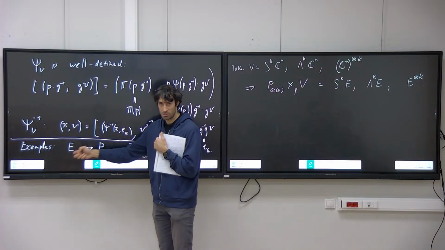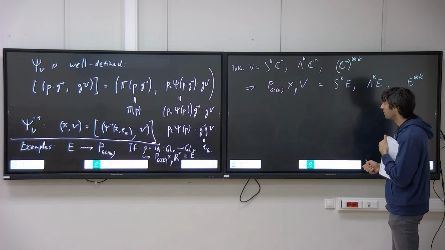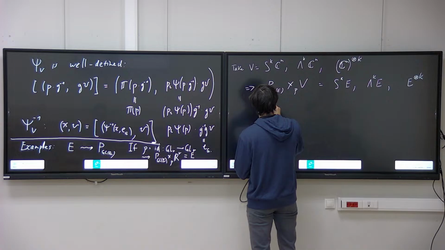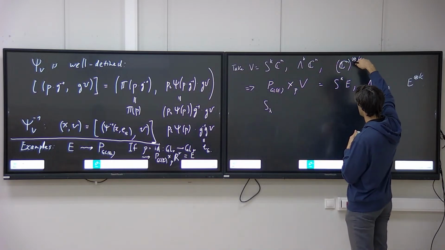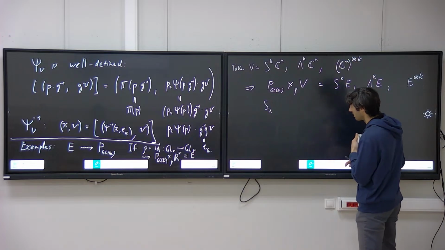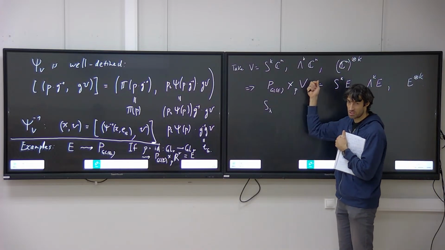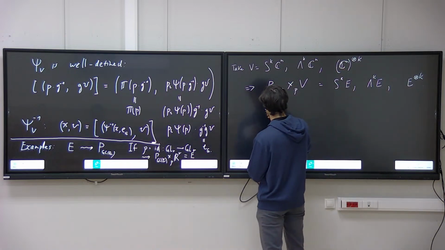So this construction is more universal than the vector bundle that we started with. If you know a little bit of representation theory of GL_n, inside C^n tensor k there are representations labeled by partitions of k, or Young diagrams with k boxes. You symmetrize or anti-symmetrize somehow, which is also called the representation of highest weight lambda.